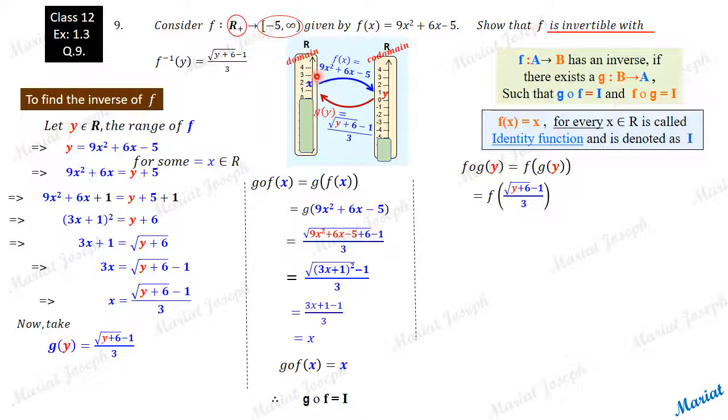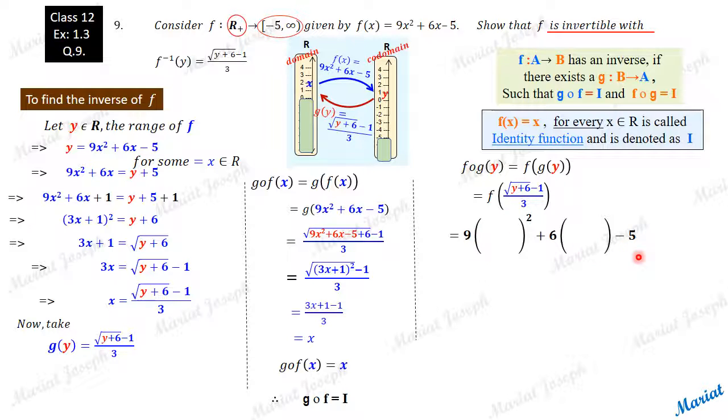F function says 9 times the square of the element plus 6 times the element minus 5 is the rule. So apply 9 times the square of the element. Where is the element? The element is this whole thing. Place it here.